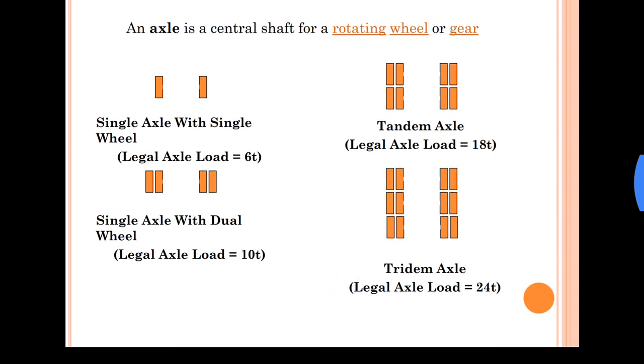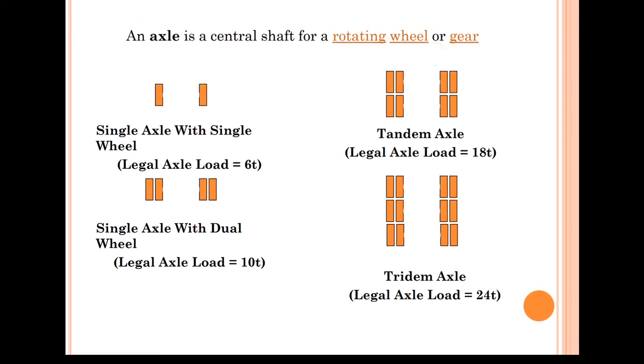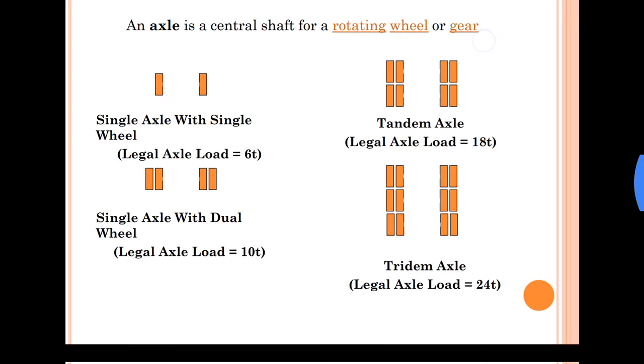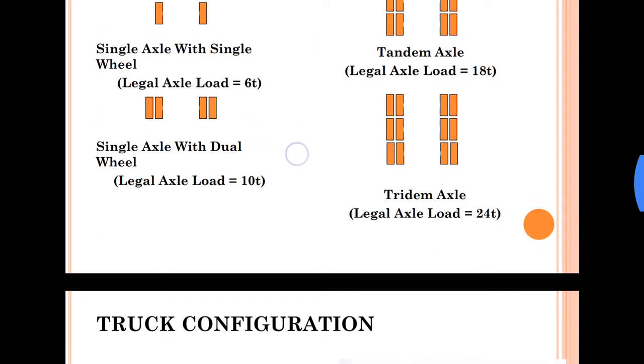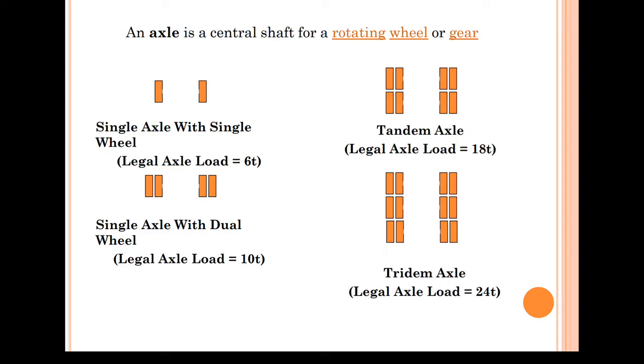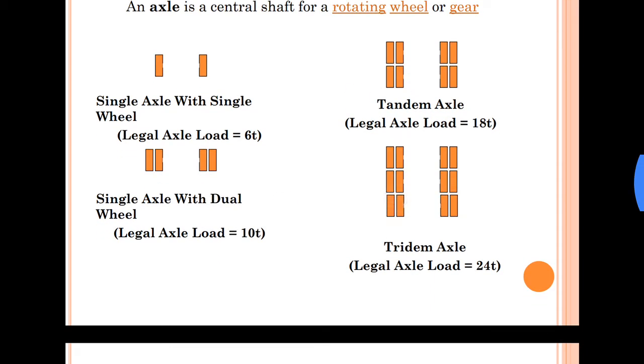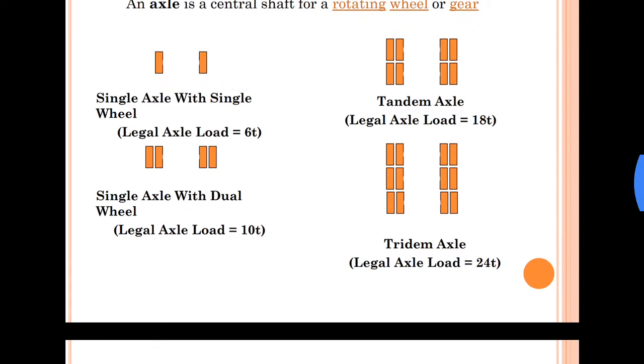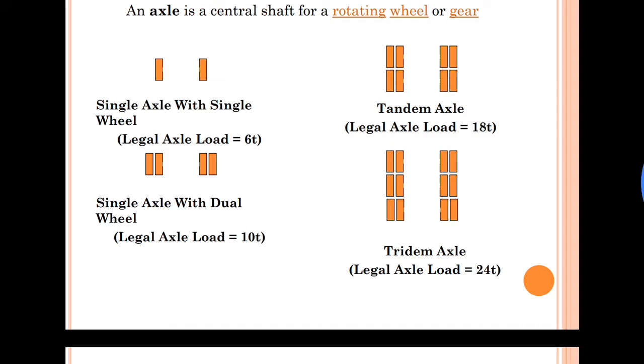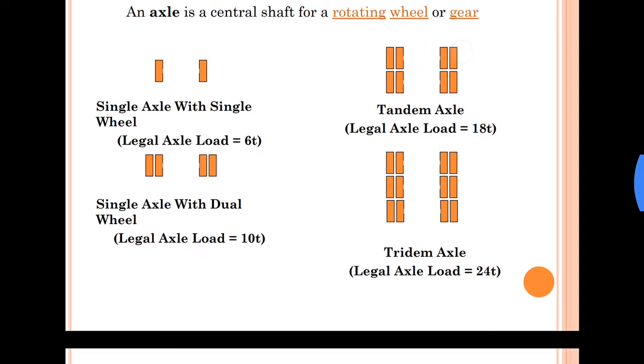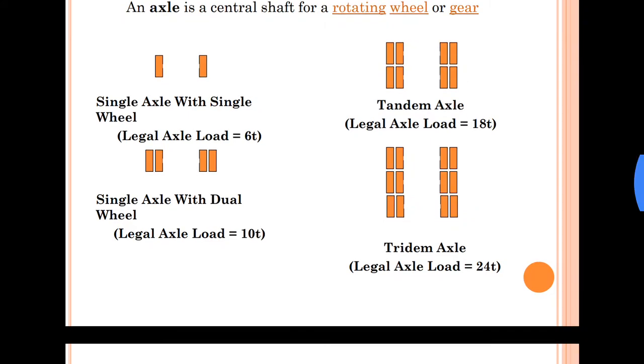An axle is a central shaft for a rotating wheel or gear. So we have different axle combinations. In the case of single axle with single wheel, legal axle load would be 6 tons. With tandem axle, we have two axles which are connected in parallel.